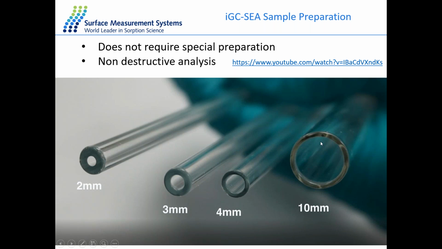Our 10mm column accommodates quite large samples, so in case you have a whole tablet, or maybe a block of wood that you don't wish to break up, but you do wish to analyze, we can put it in a 10mm column. And because of the size, you do need a larger column oven to accommodate this.